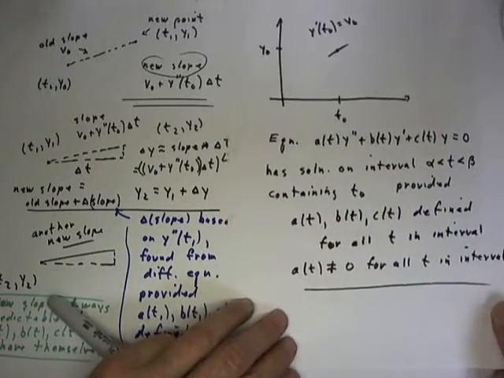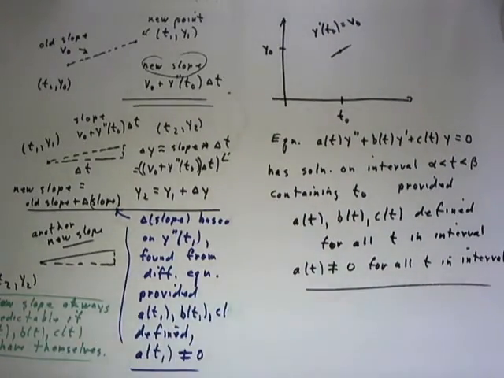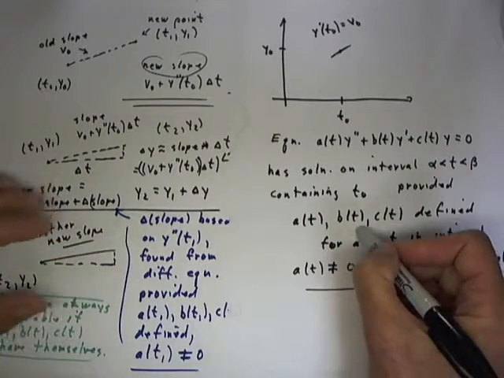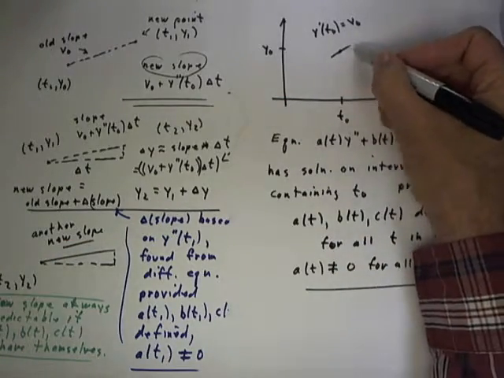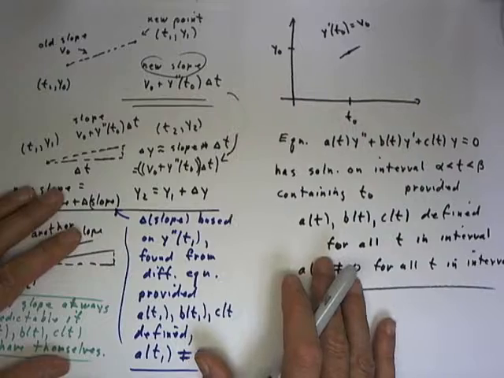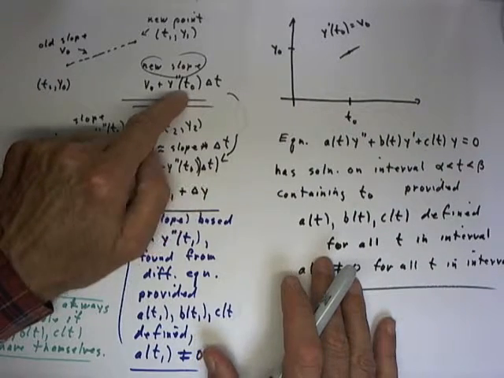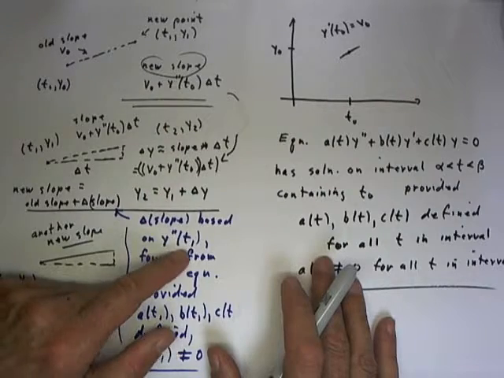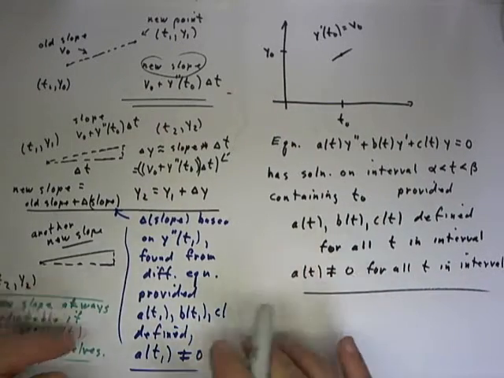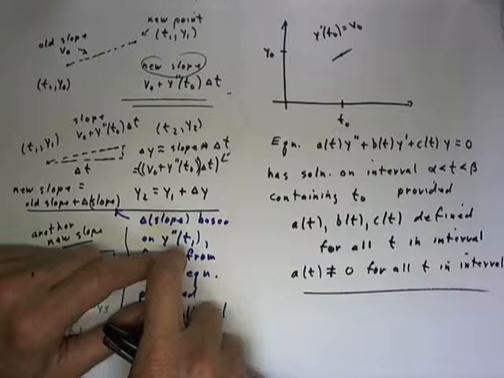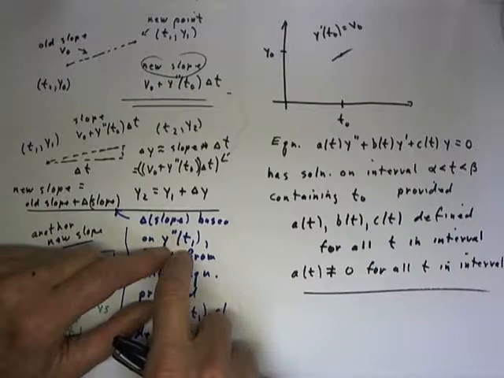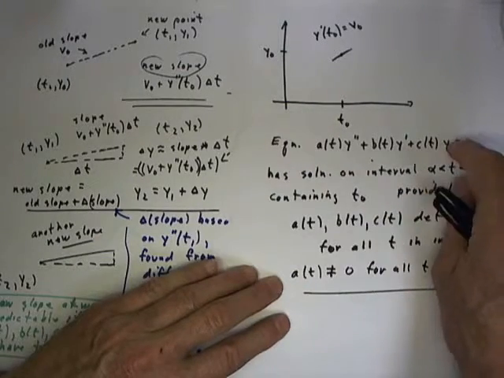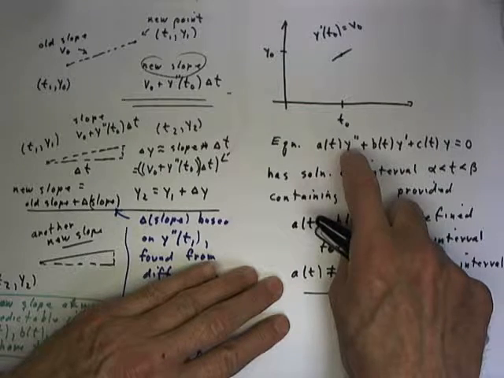As we've seen, the key step in constructing a solution curve is to be able to evaluate y double prime at one point, then at the next point, and so forth. And evaluating y double prime depends on being able to solve this equation for y double prime.